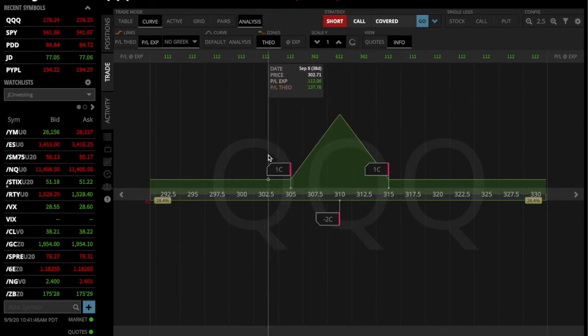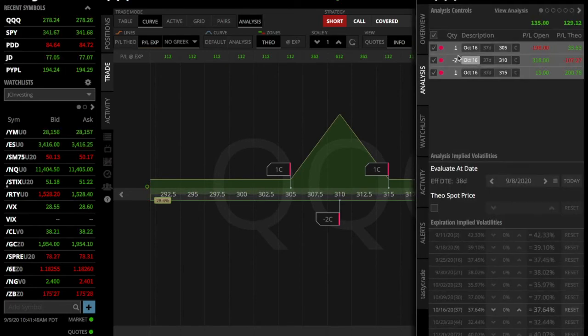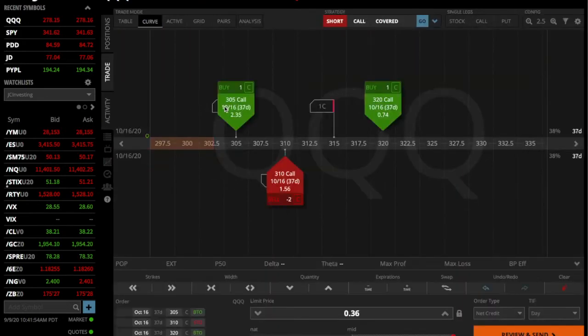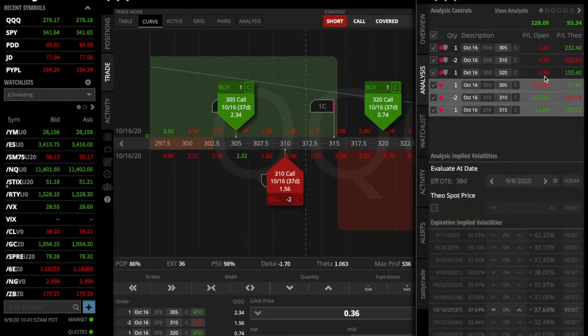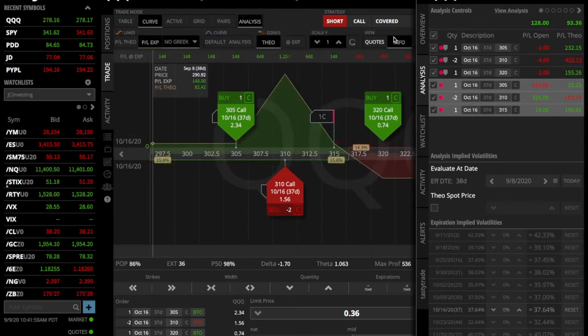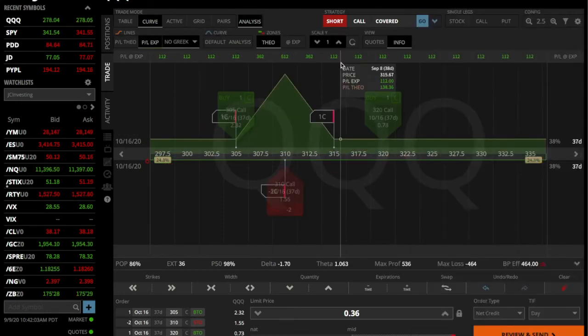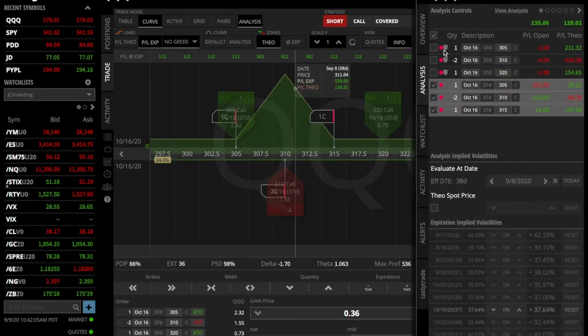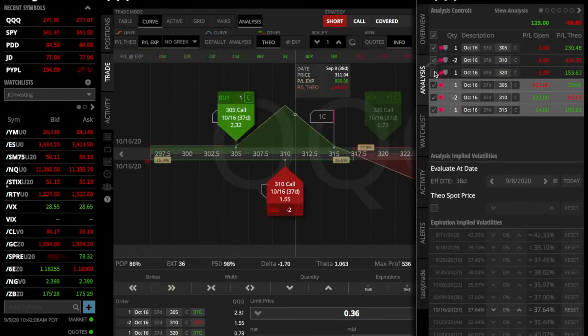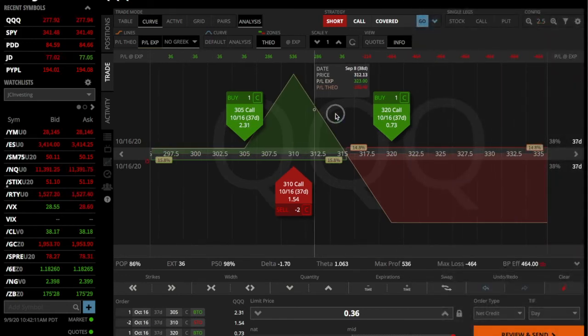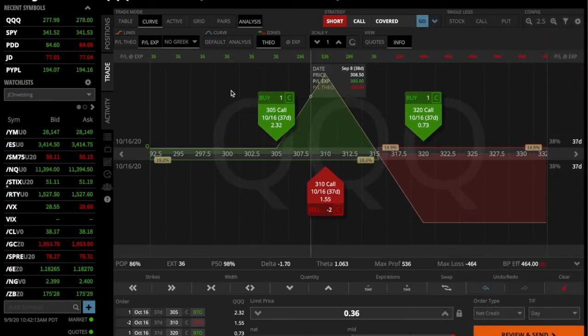Again, you start off, we could put this back on, go back here. You can do a similar order, and this is just how I'm doing the analysis. When we initially put on this butterfly trade, this is a really high probability profit trade.